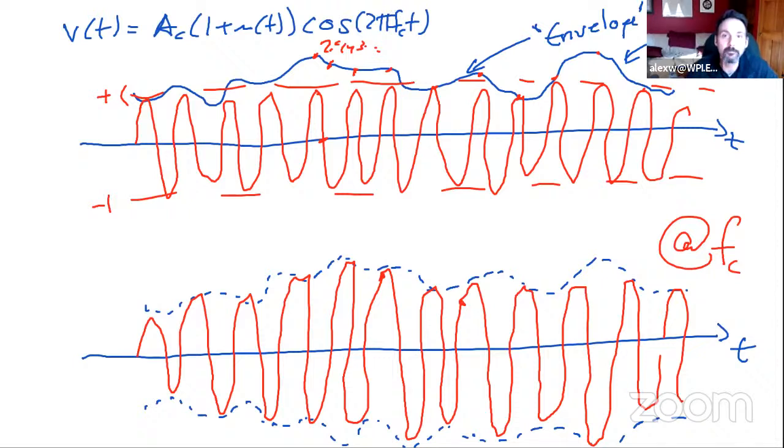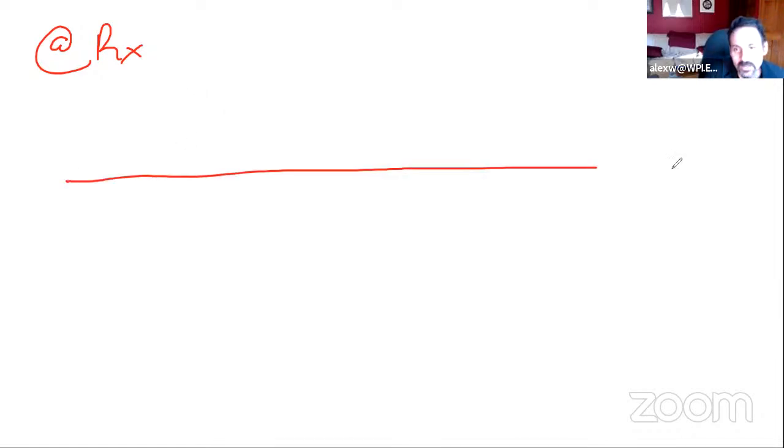Now, my receiver picks that up. So what the receiver is going to look at, at Rx, you know, also shorthand for prescription, but this is not prescription. This is receiver.